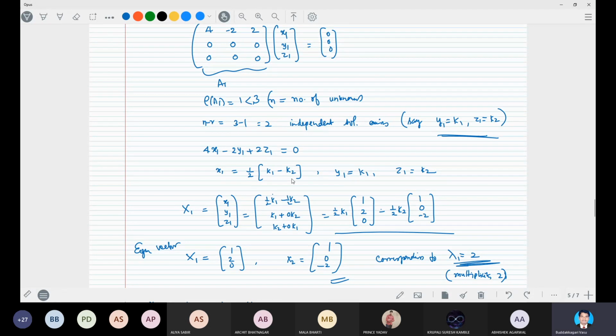When we consider y1, z1 as two independent solutions, then x1 becomes 1 by 2 into (k1 minus k2). So when x1 is equal to this much, the vector x1, y1, z1 is equal to this. You can separate that one: write x1 in terms of k1, k2, y1 also in terms of k1, k2, and z1 also in terms of k1, k2. Then you make it into two different vectors, right?